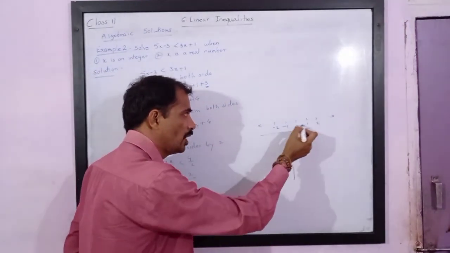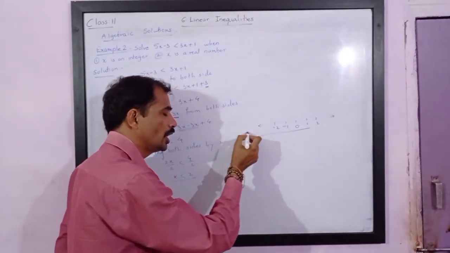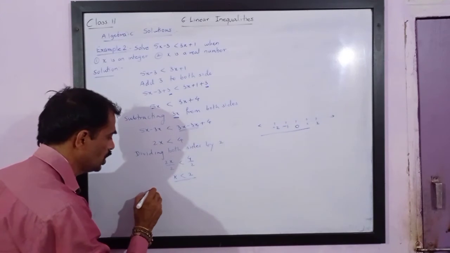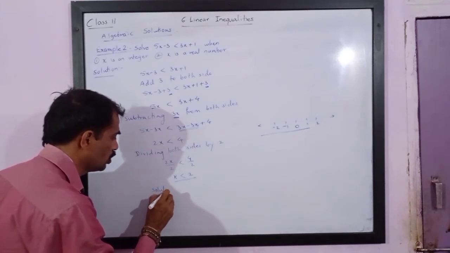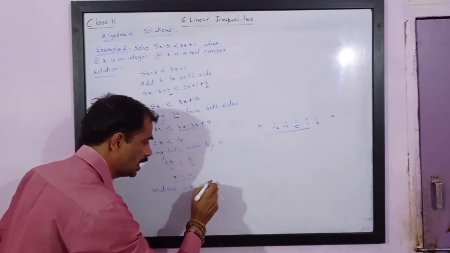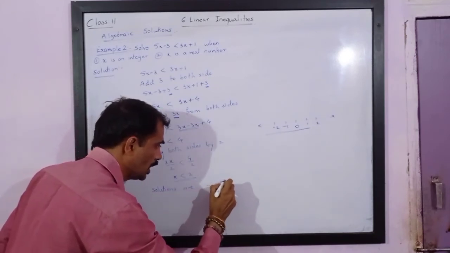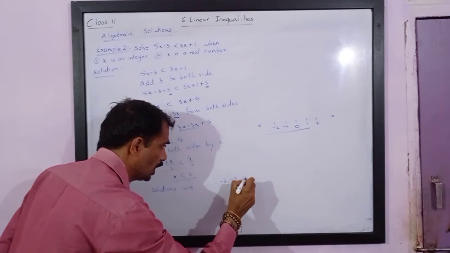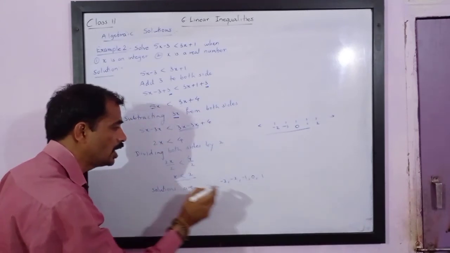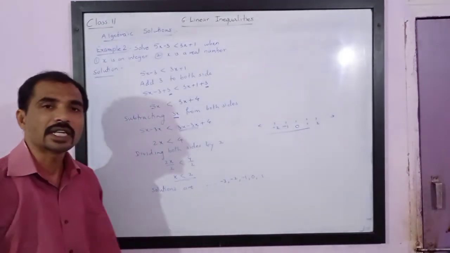That is, it can have 1, 0, -1, -2, -3 and so on. So the solutions of the inequality are, please note, this side it is extending, so I am writing dot dot dot, -3, -2, -1, 0, 1. It is strictly less than 2. 1 is the integer that is strictly less than 2.